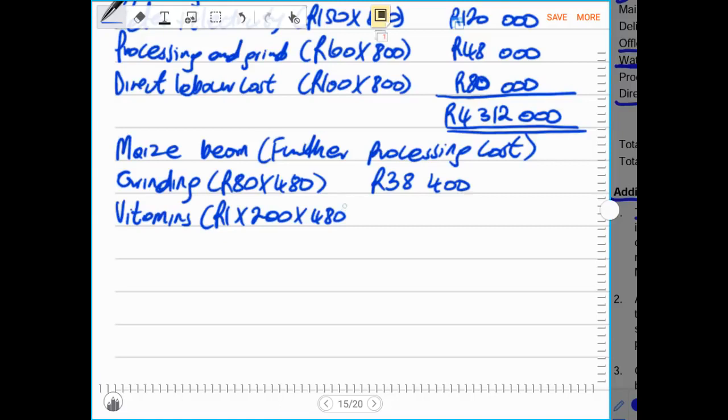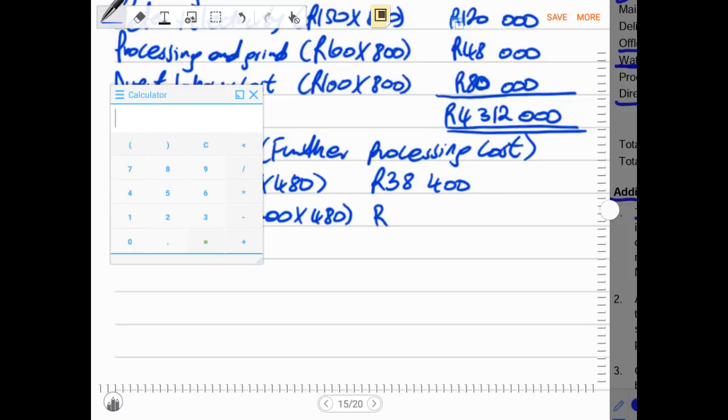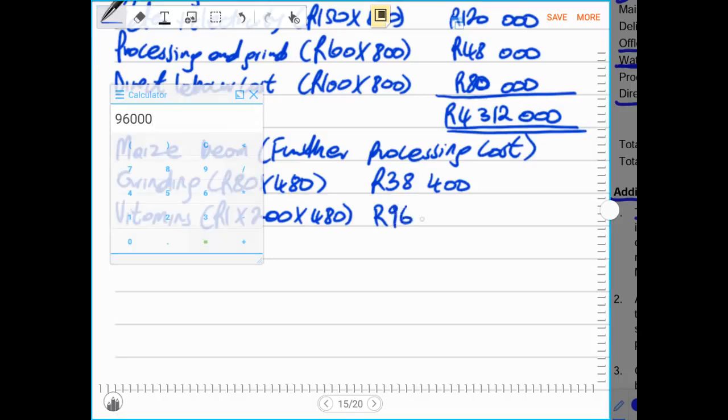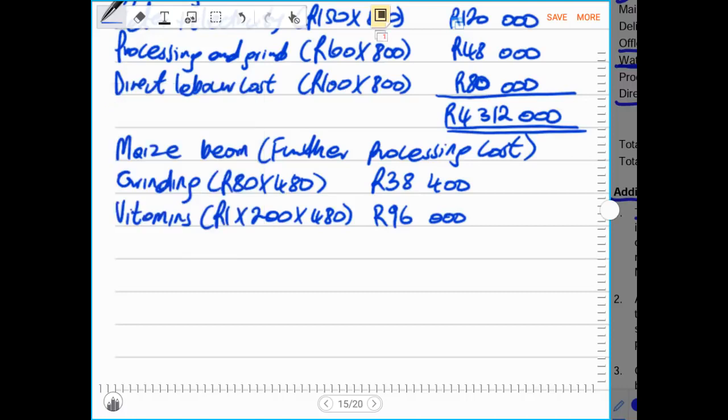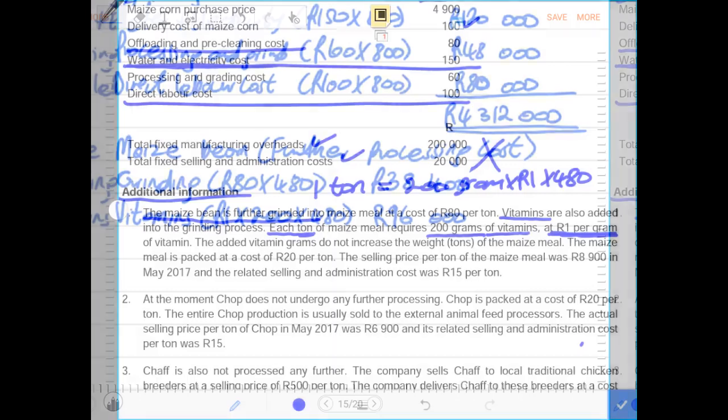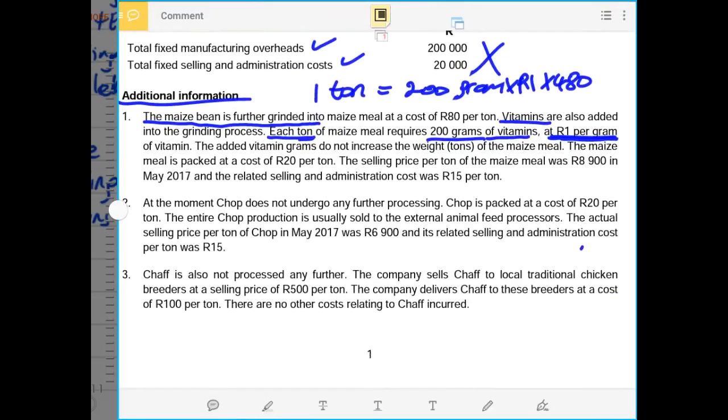Therefore now we times that by the number of tons, which is 480 tons that were processed. Then that will be 1 times 200 times 480, and this gives us 96,000 rands as the vitamin cost, as the further processing cost. So now we have added that as the further processing cost.